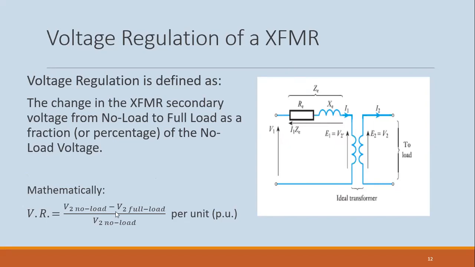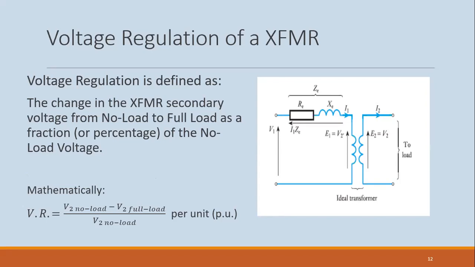We want to see that kind of change mathematically, because by law, they call it statutory obligations, you cannot have your voltage change beyond a certain percentage of rated or nominal. In Jamaica, it is by law 6%. You can't go more than 6%. At least when I was at JPS, that it was.